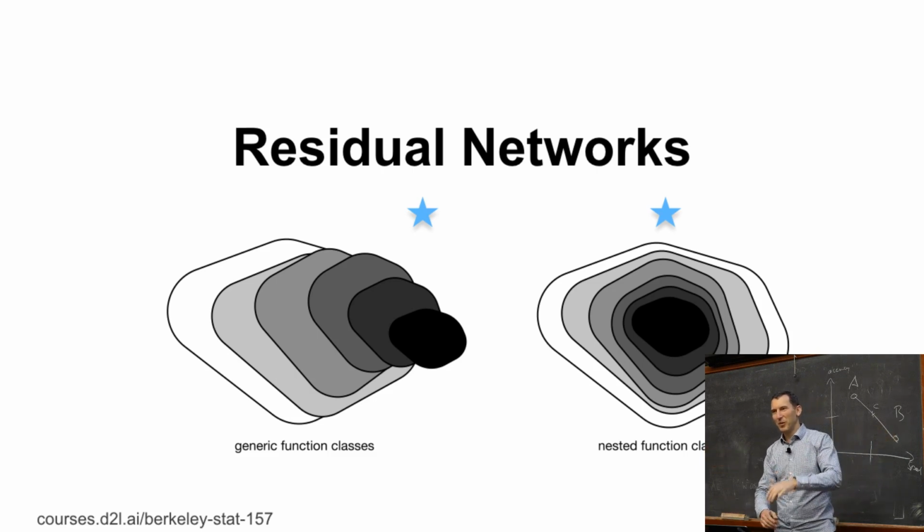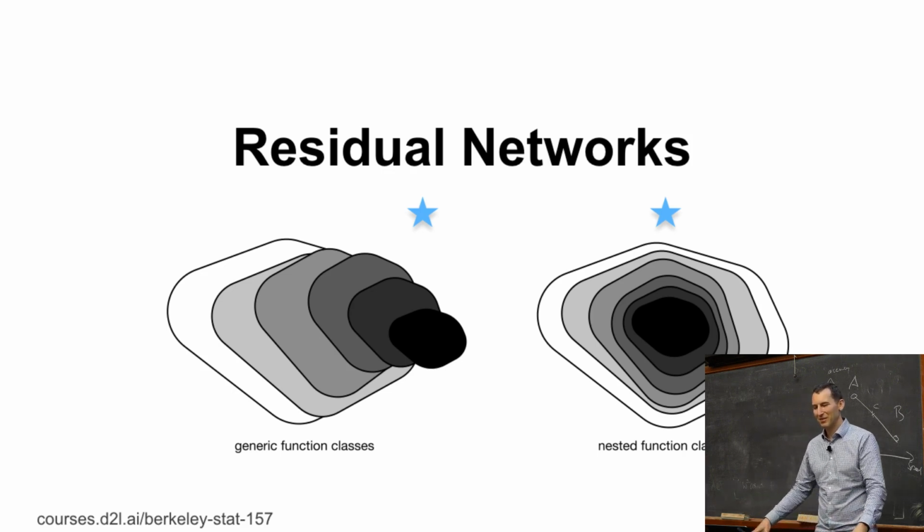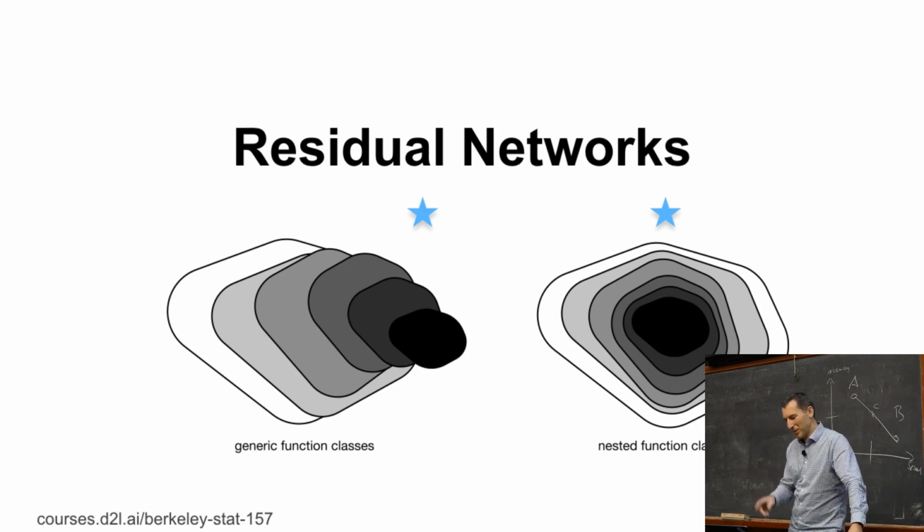As I move from one to the other, they become more powerful, more expressive. I can reach a larger function class. And so now, as I keep on adding, I move closer to my blue star. They're not necessarily convex, but that's just what it is. So I want to have the situation on the right. How do I get there?